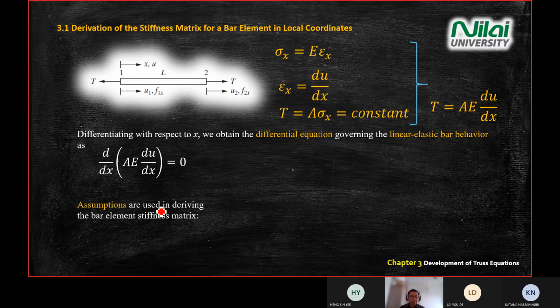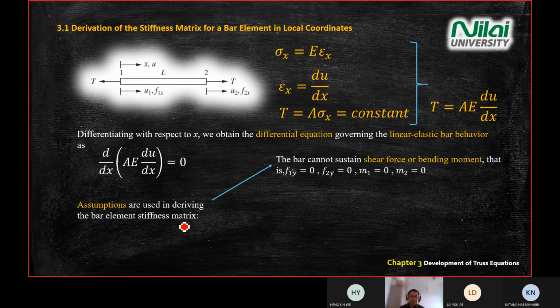All right. Now we have a few assumptions when we derive the differential equation, when we derive the bar element stiffness matrix. First one, the bar does not have shear force or bending moment.